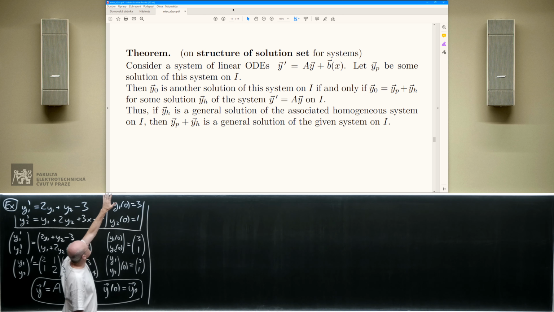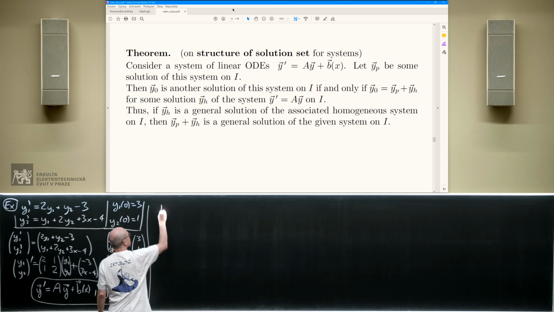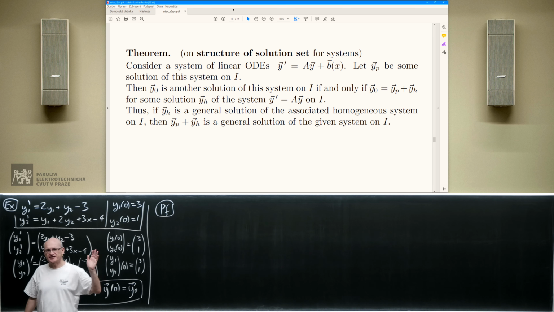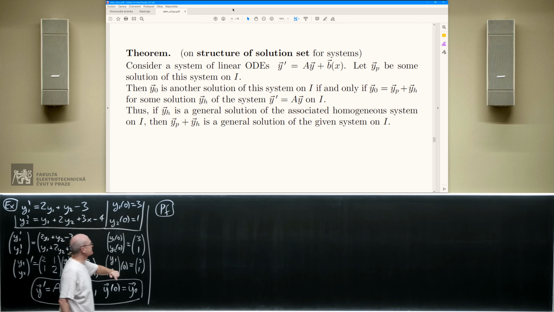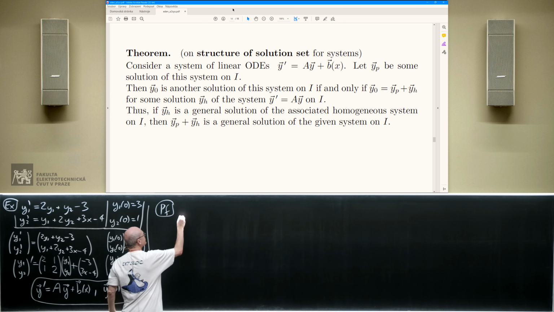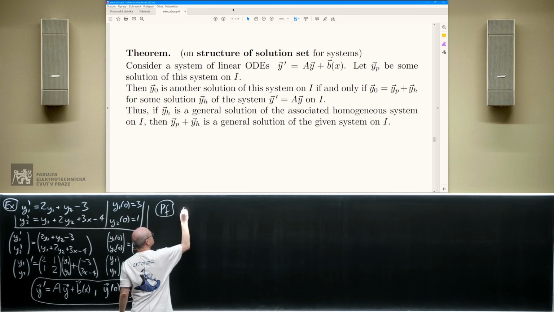So let's recall how this thing works. Proof. By the way, that's another of those things which I can ask about at the exam. So yeah, this is an interesting moment. Let's see. There is the universal assumption that you have some function yp, but now it's a vector function. So there are several functions as entries.